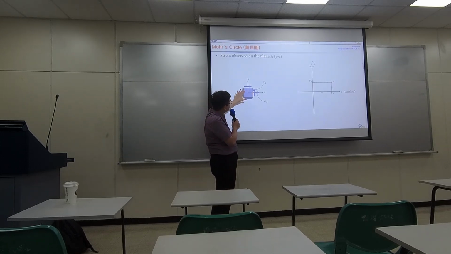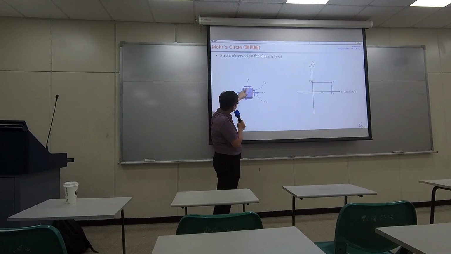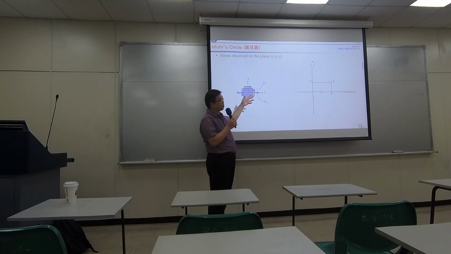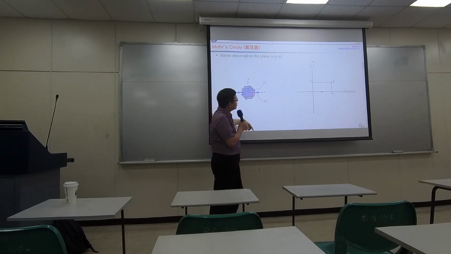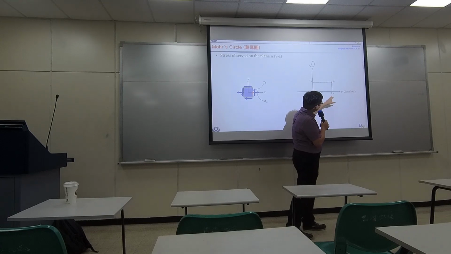Now, whenever you are in the stress diagram like this, or a free body diagram like this, you need to pick up a point on the edge somewhere and choose it as a starting point. When you do that, you will draw another figure on the right, and the coordinates will be different.